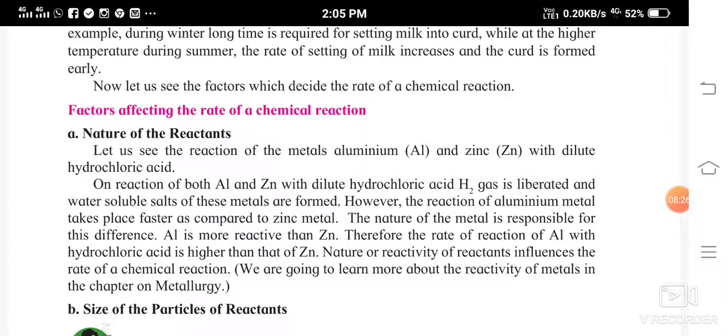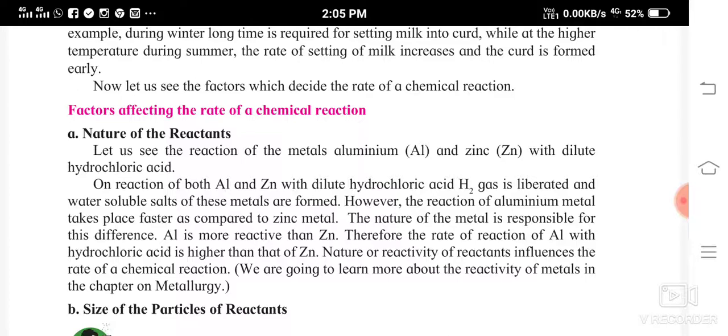Now see, nature of the reactants. Let us see the reaction of the metals aluminium and zinc with dilute sulfuric acid. On reaction of both aluminium and zinc with dilute hydrochloric acid, hydrogen gas is liberated and water soluble salts of these metals are formed.